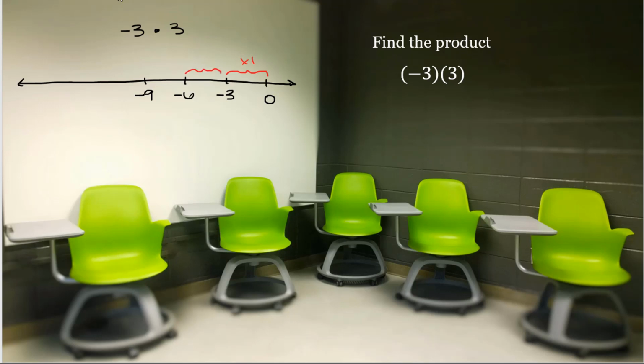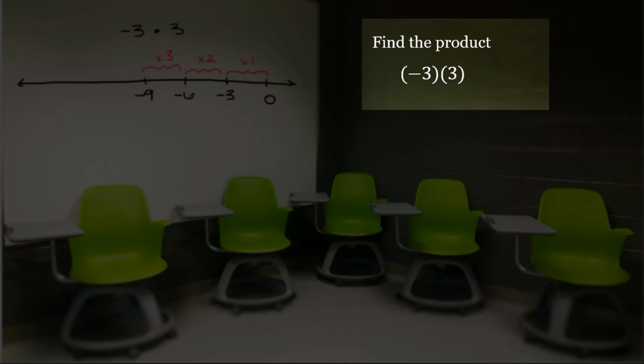If we took it 2 times, you get negative 6. 3 times gets you negative 9. So negative 3 times 3 is negative 9.